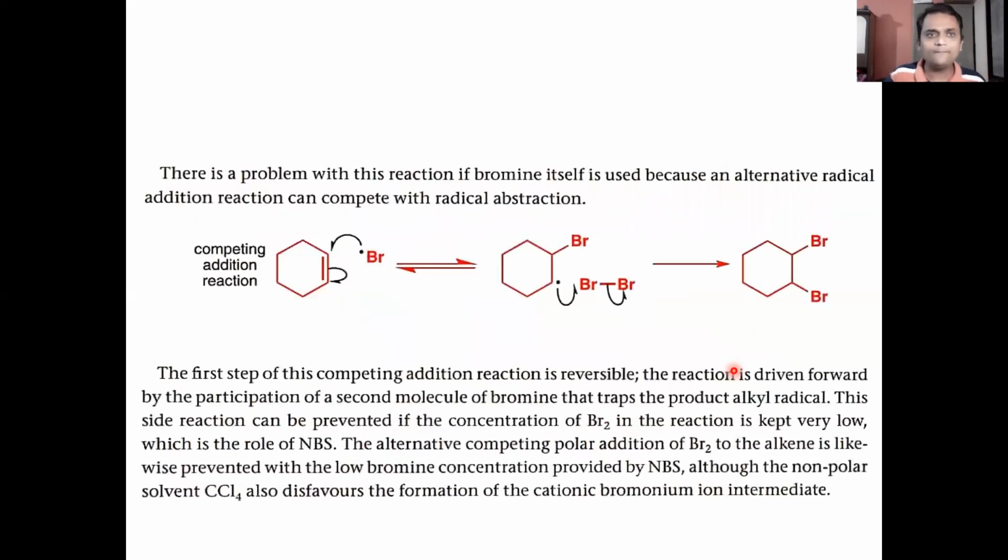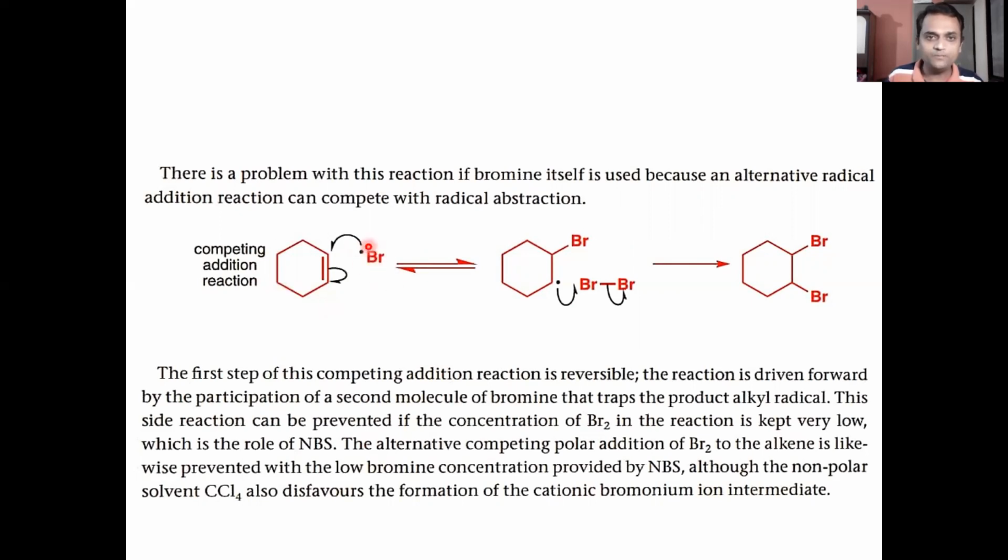Now, there is a problem with this reaction if bromine itself is used, because an alternative radical addition reaction can compete with radical abstraction. This point explains why bromine is not used for allylic bromination, or why NBS is used. Here we have cyclohexene.